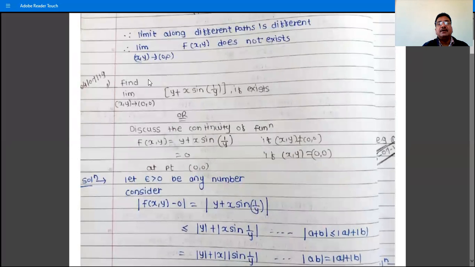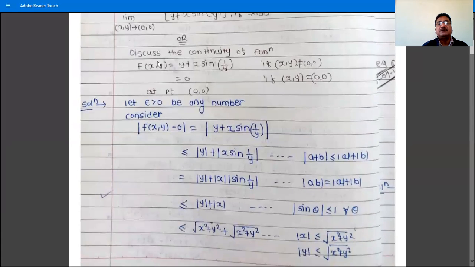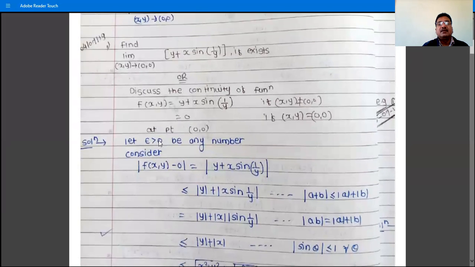So let epsilon be greater than 0 be any number, and then consider mod f(x,y) minus 0. By that definition, capital L is 0. So mod f(x,y) minus 0 is equal to mod f(x,y).